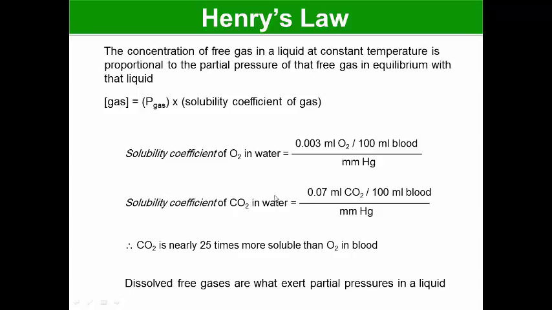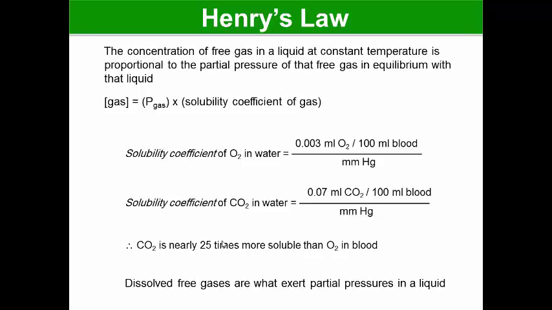That of carbon dioxide is 0.07 milliliters of carbon dioxide in each 100 milliliters of the blood per each millimeter of mercury partial pressure of carbon dioxide. So if we divide the solubility coefficient of carbon dioxide by the solubility coefficient of oxygen, it gives us an indication that carbon dioxide is nearly 25 times more soluble than oxygen in the blood.